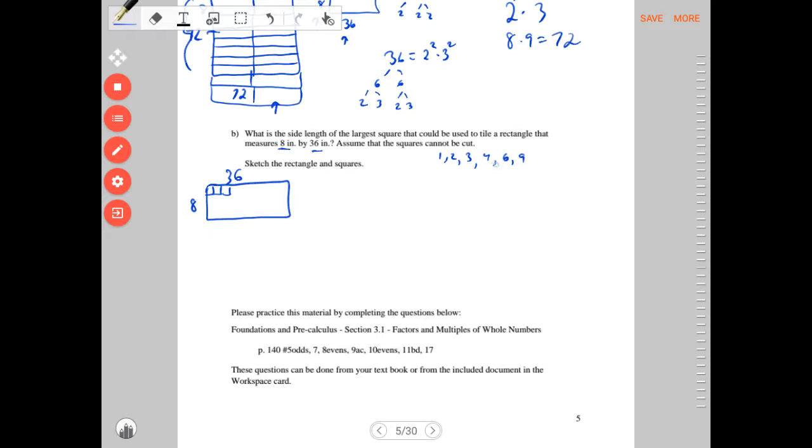So these are the pairs, right? 4 times 9, 3 times 12 makes 36, 2 times 18 makes 36, and 1 times 36 makes 36. If you have a look, 8 was only 1, 2, 4, and 8. So 4 is the greatest common factor, so the biggest square that can go into all of these is 4 by 4. Now, of course, 4 is half of 8, so I kind of drew that wrong again.